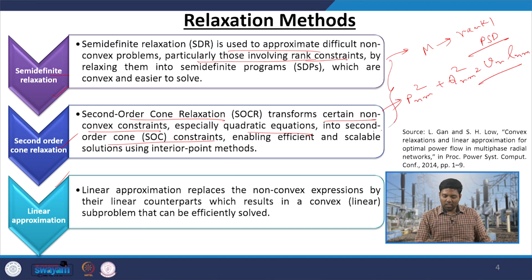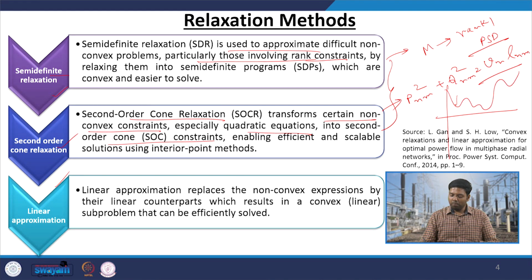Remember, these two convert your non-convex nonlinear problem to a convex nonlinear problem. It never makes your problem linear. It will keep the nonlinearity, but if the problem has multiple local optimal solutions, it will express it as a convex function, which has only one minimum point.